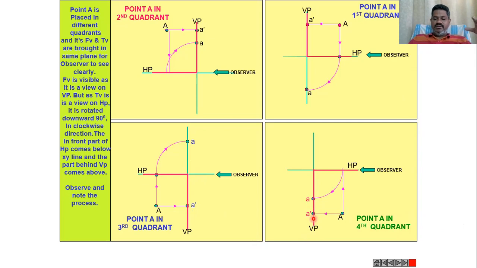Then when the point is in the first quadrant, the front view and top view will come below the XY line. This is vice versa to the second quadrant.